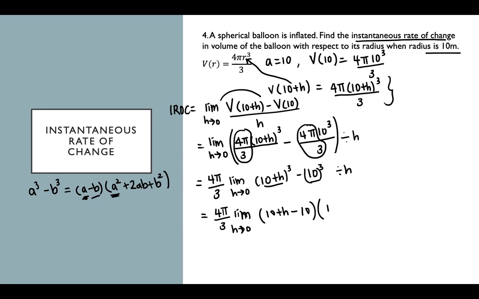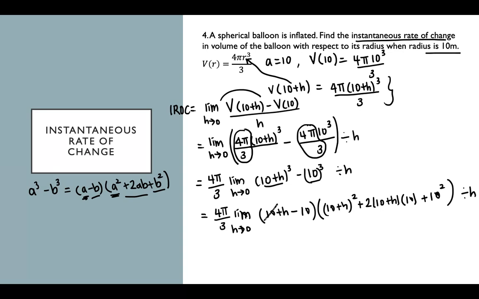So it's 10 plus h squared. Don't forget the bracket. And then plus ab. So plus 10 plus h times 10. And then plus b squared. So plus 10 squared. And close the bracket, divided by h.